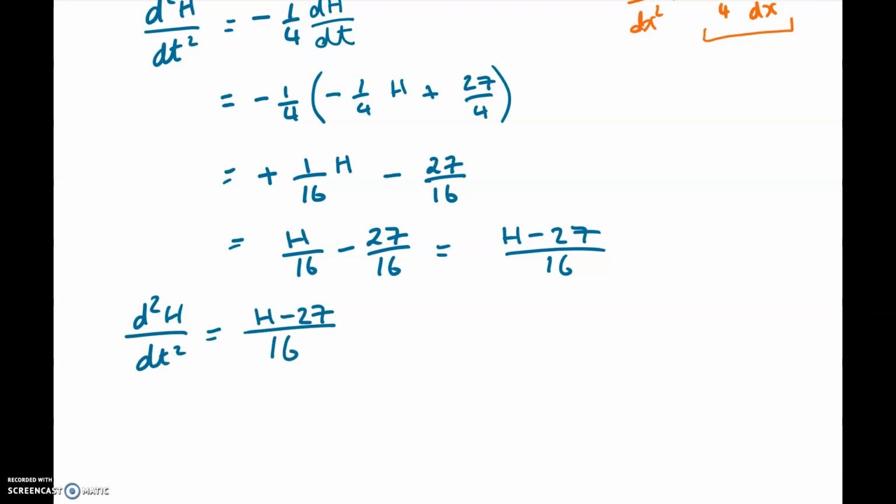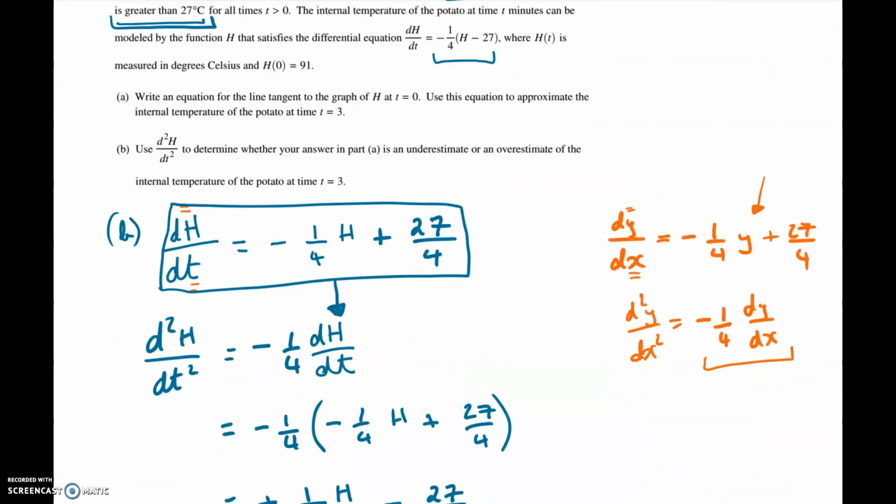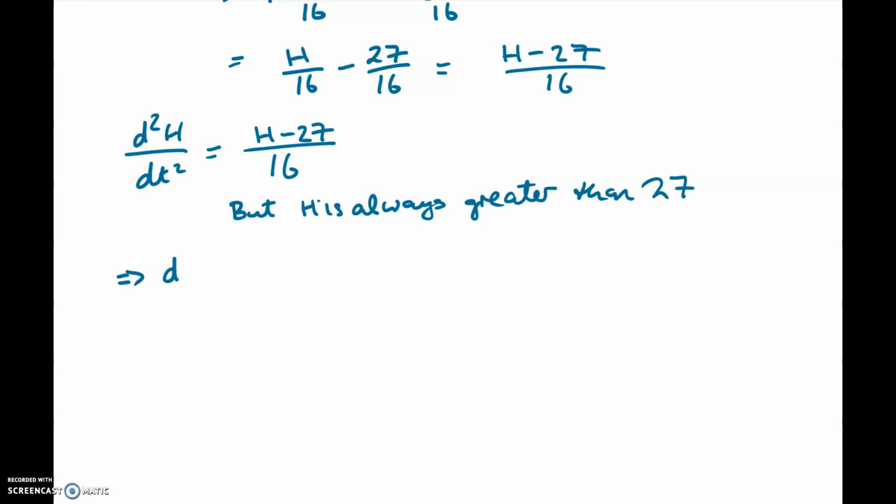And then again, just to reiterate it, h is always greater than 27. So that means d2h/dt squared, well, if h is bigger than 27, then h minus 27 will be positive.